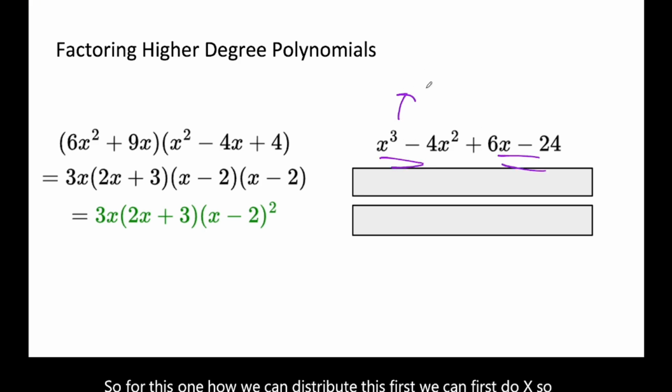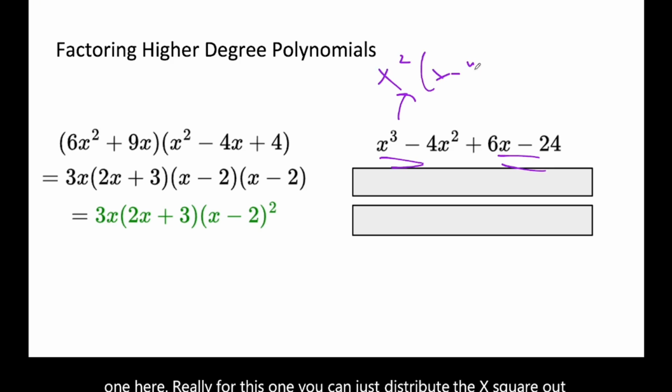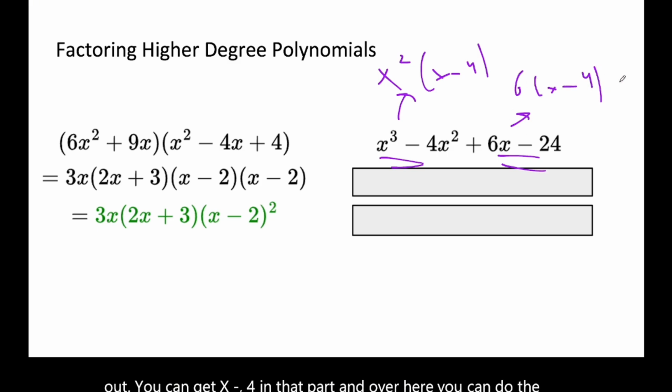Really, for this one, you can just distribute the x squared out. You can get x minus 4 in that part, and over here you can do the same thing, 6 times x minus 4. Always take a look at the individual expressions first and see if you can factor from there.